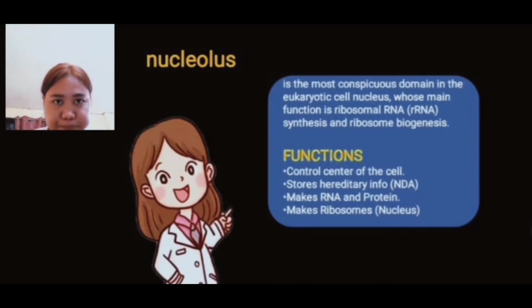The nucleolus plays an indirect role in protein synthesis by producing ribosomes. Ribosomes are cell organelles made up of RNA and proteins. They are transported to the cytoplasm, which is then attached to the endoplasmic reticulum.